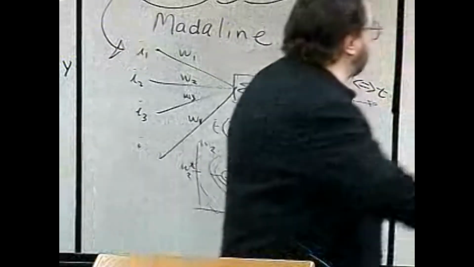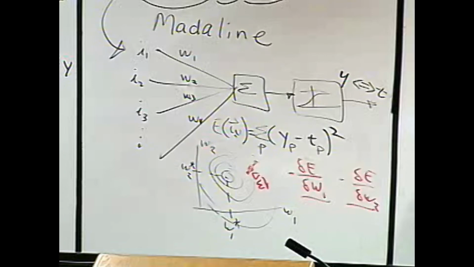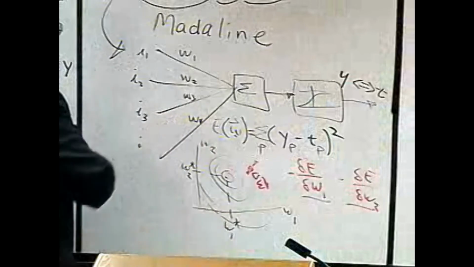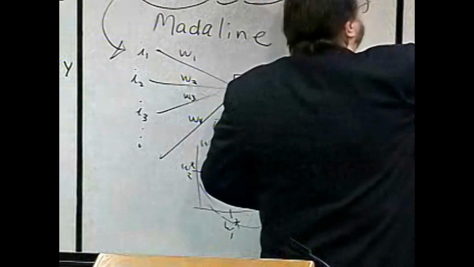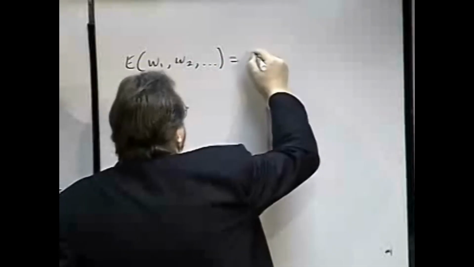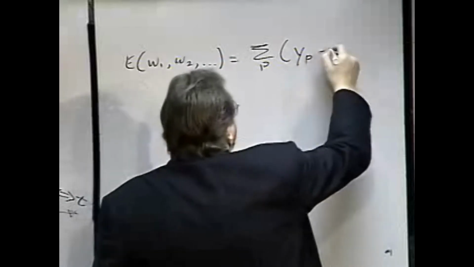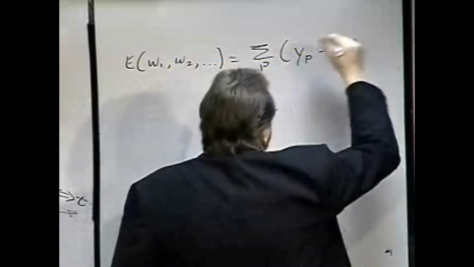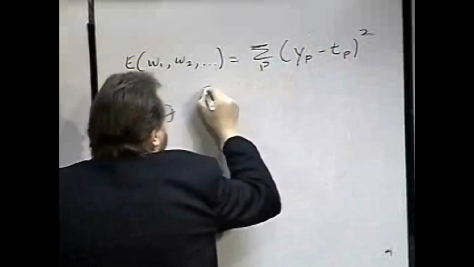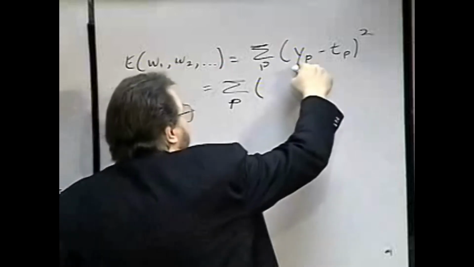Now we can actually look at this error with respect to these different weights and come up with the Widrow-Hoff training algorithm. Let's look at this error with respect to W1, W2, etc. It is equal to the summation over p of y sub p minus t sub p, squared. But what is y sub p equal to?